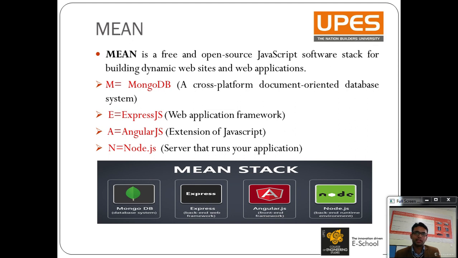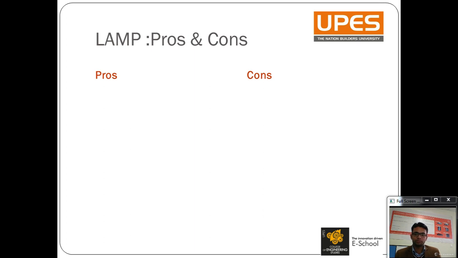So MEAN stack is a more modern stack that's challenging the LAMP stack, and it is completely JavaScript powered. That makes it both a time and money saver for any organization that already has JavaScript pros writing client side code, right? So this is about the MEAN stack.